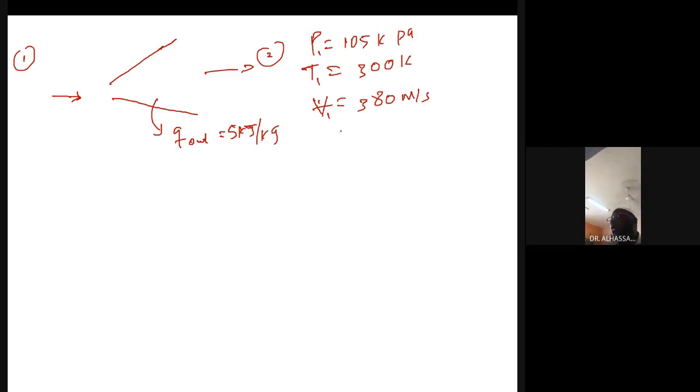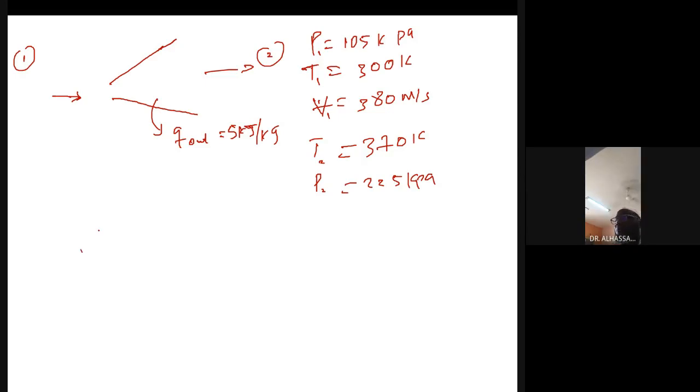All right. Then at the exit, T2 is given as 370 Kelvin, and similarly P2 is also 225 kilopascal. Now, the specific heat capacity for carbon dioxide is also given.